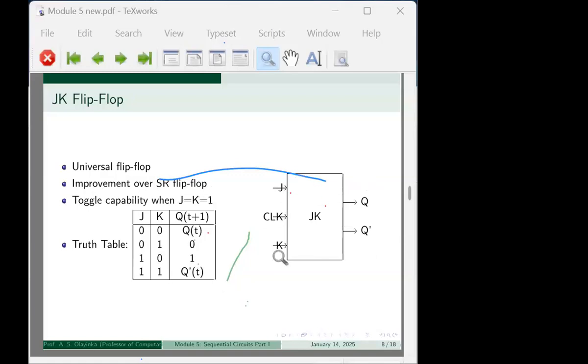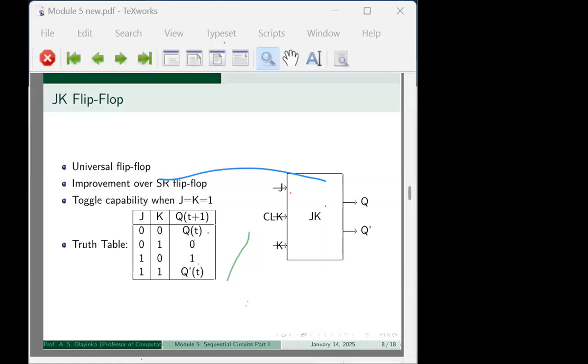And then you have the circuit diagram looking like this. Remember, clock is not part of the input. So you have J and K. J is similar to what you have as set in an SR, and K represents what you have as reset in an SR flip-flop.